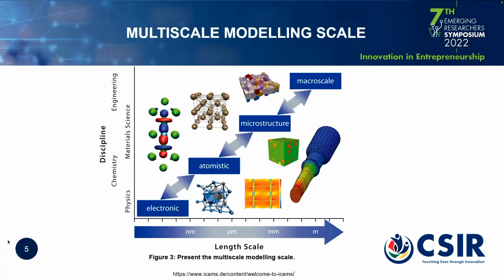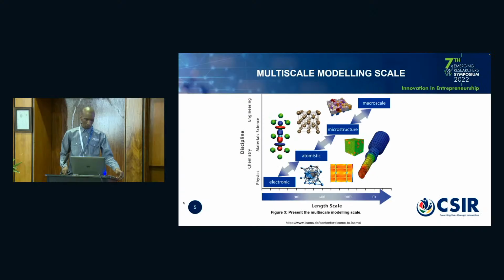So to go further and break down the modeling in terms of scale or hierarchy, we start at the lowest scale, which is where we investigate the behavior of electrons or charges, and then we can predict the material property.